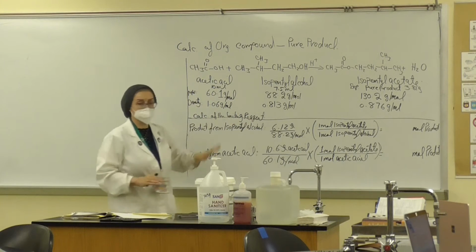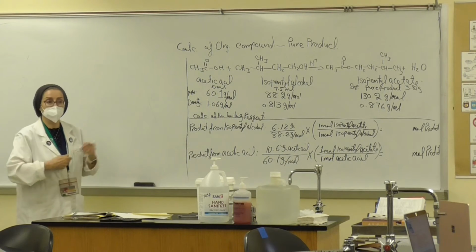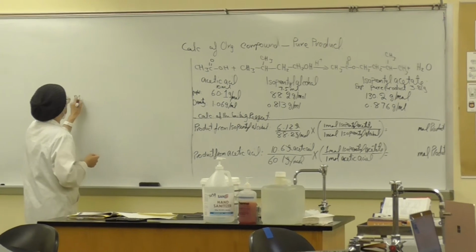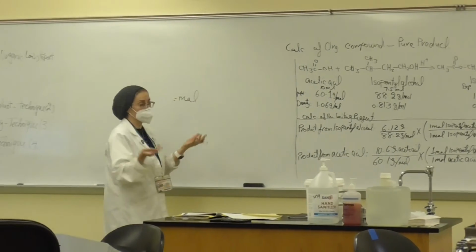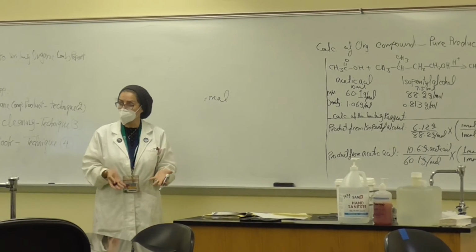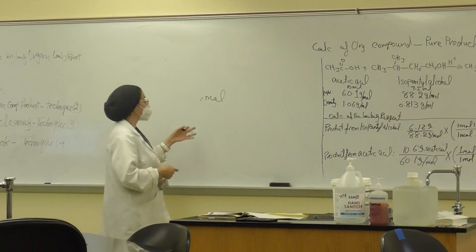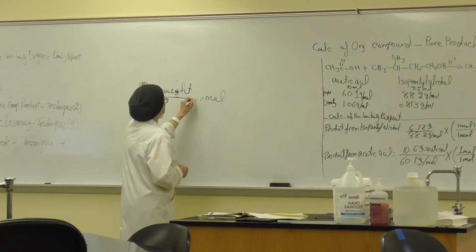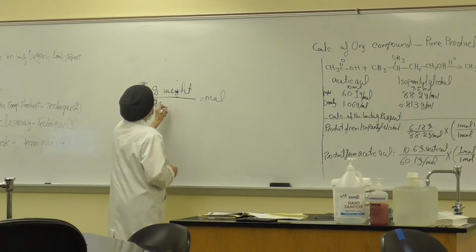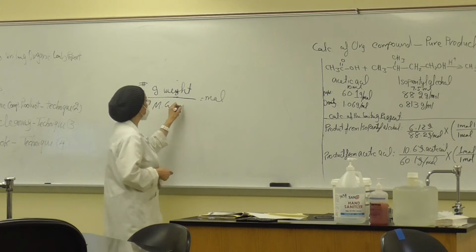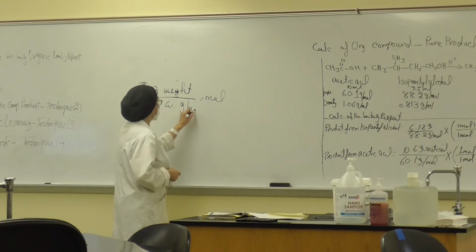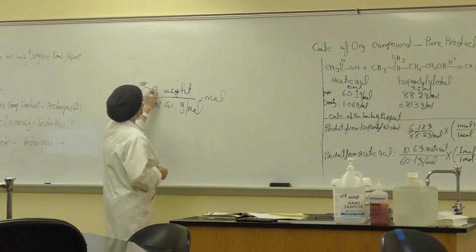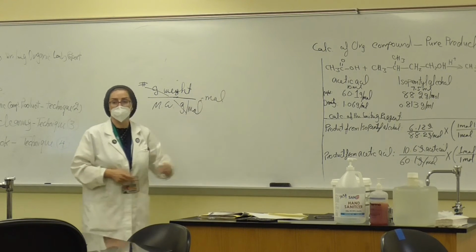Now, as you can see, when we want to calculate moles, how are we going to calculate it? We need grams. You divide the number of grams, which is the weight of any chemical, by the molecular weight, which is gram per mole. So the gram cancels out, and that will give you mole.